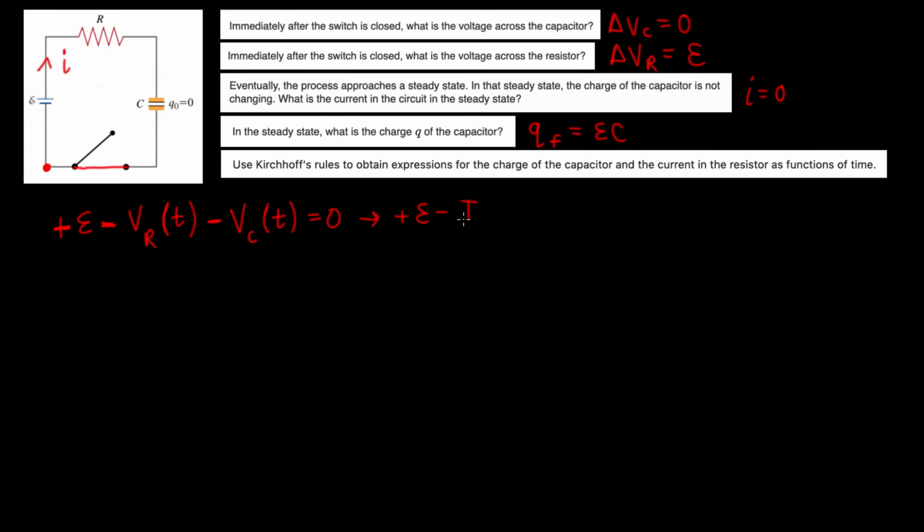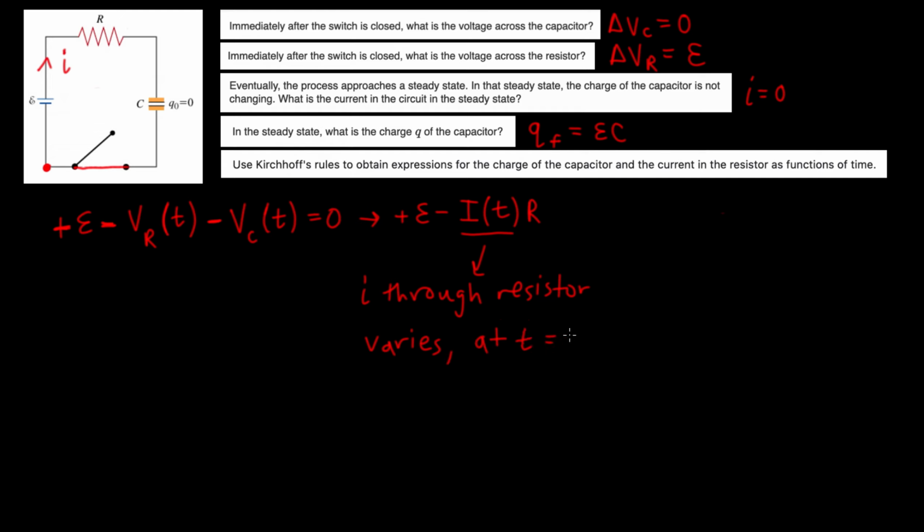So the formula for the voltage across the resistor as a function of time is just equal to the current in the circuit times the resistance of the resistor. And note that I wrote the current as a function of time because the current through the resistor varies with time.